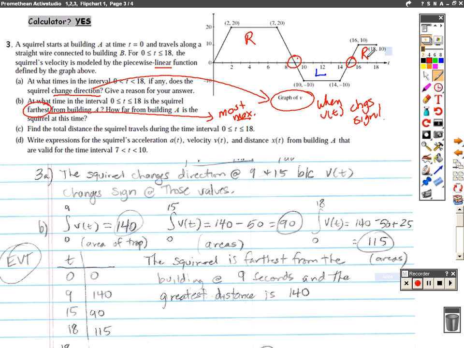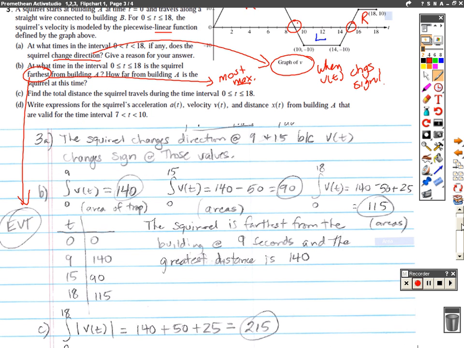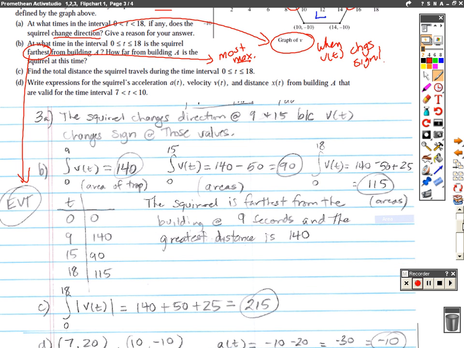Now, because it's the most or the farthest, the concept here, ladies and gentlemen, is the extreme value theorem. When you deal with the extreme value theorem, you have to somehow indicate that you are testing the endpoint. So here is the first endpoint. Here's the other endpoint.